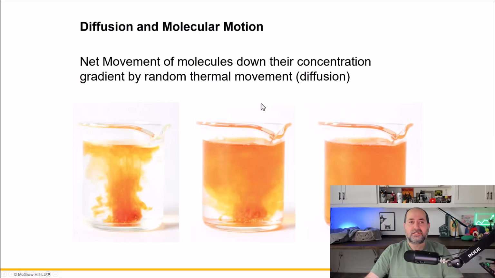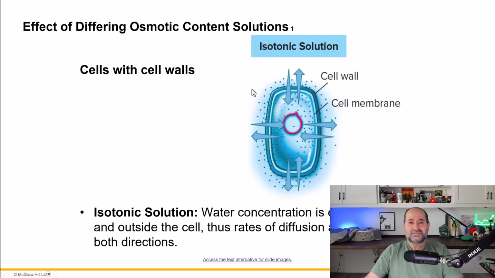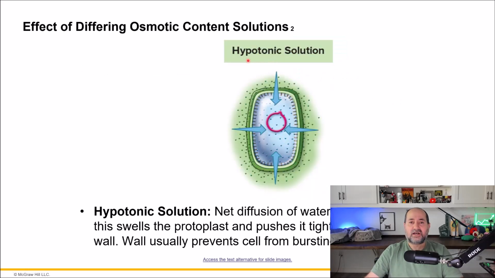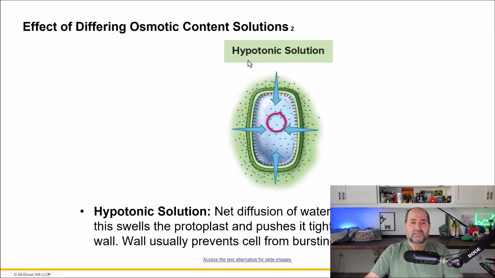Do you remember that water moves from where water is high in concentration to where water is lower in concentration? Do you remember what happens in isotonic solutions, hypotonic solutions, and hypertonic solutions? You should know that in hypotonic solutions, water rushes in.